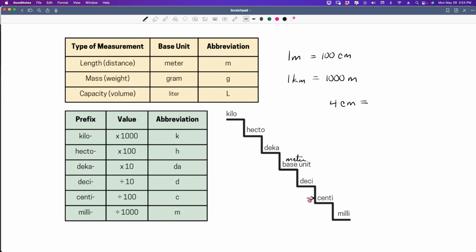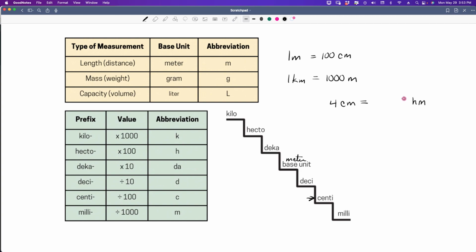So we start here, and then where do we want to go? We want to go to hectometers. Wherever you are, that is where your decimal starts. Our decimal is right here. And whichever direction you move is the direction that you move your decimal on your number.